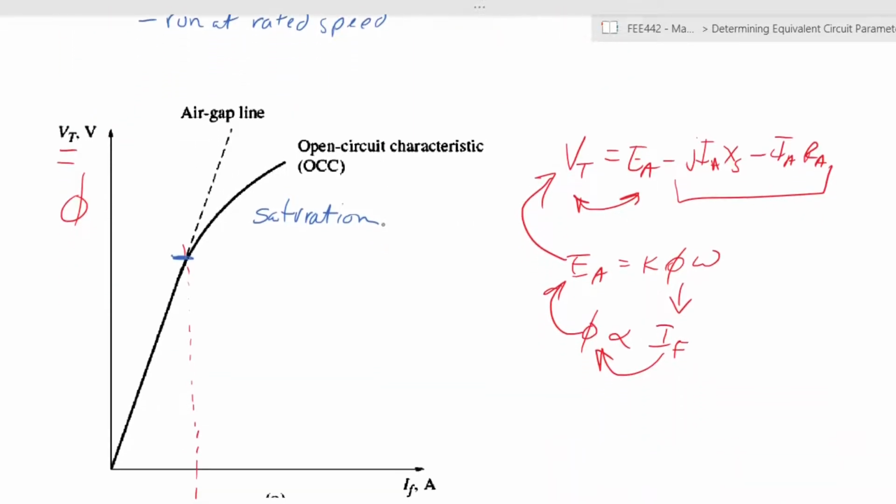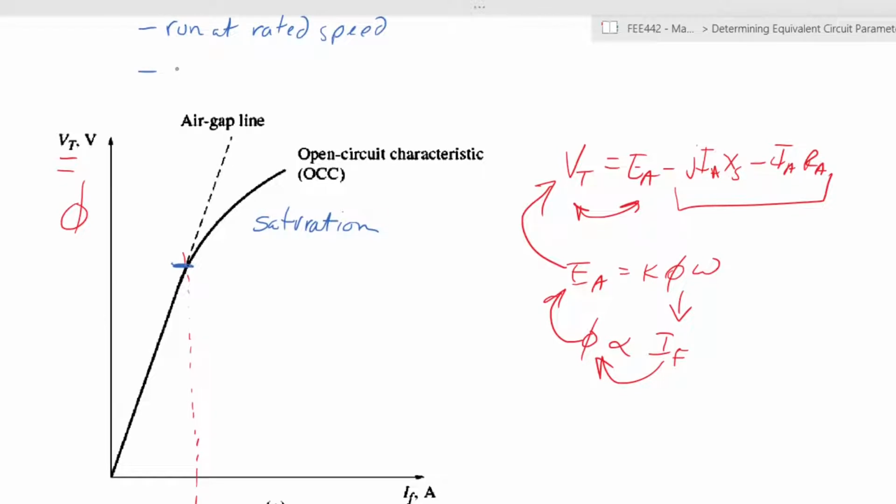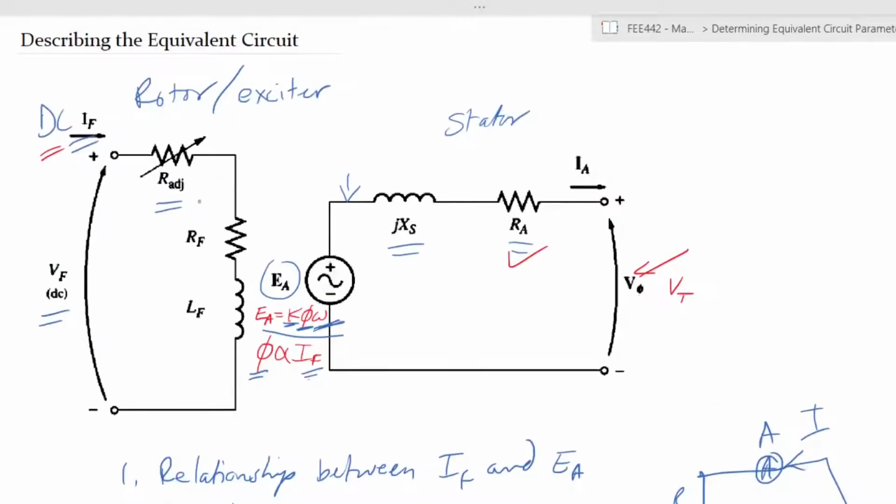And then it would simply be a case of gradually increasing IF, starting at 0 amps. So you would have your generator with no load connected across, the windings are just open circuit, but you can measure the terminal voltage even though there's no load; a voltage would appear.